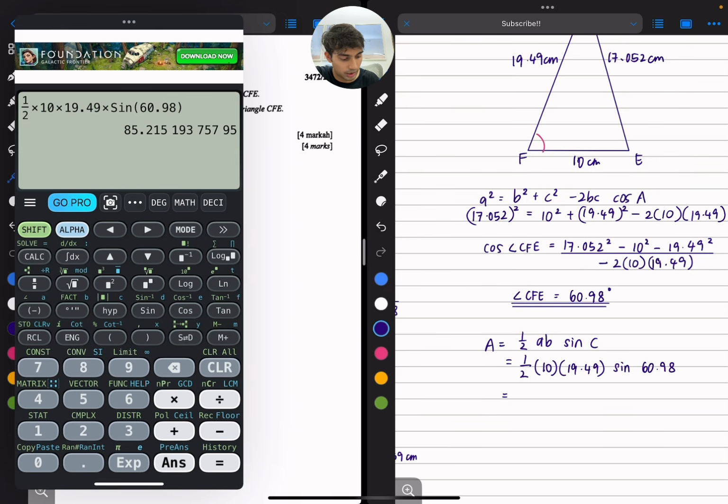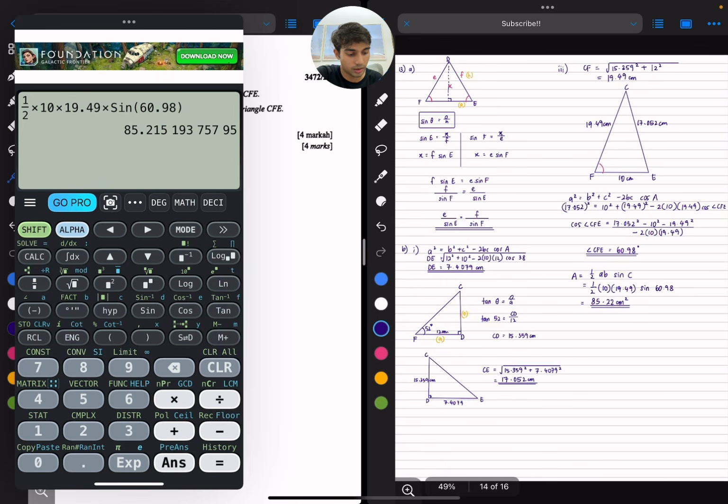We get 85.215. So you can say 85.22 cm square. Done. That's it.